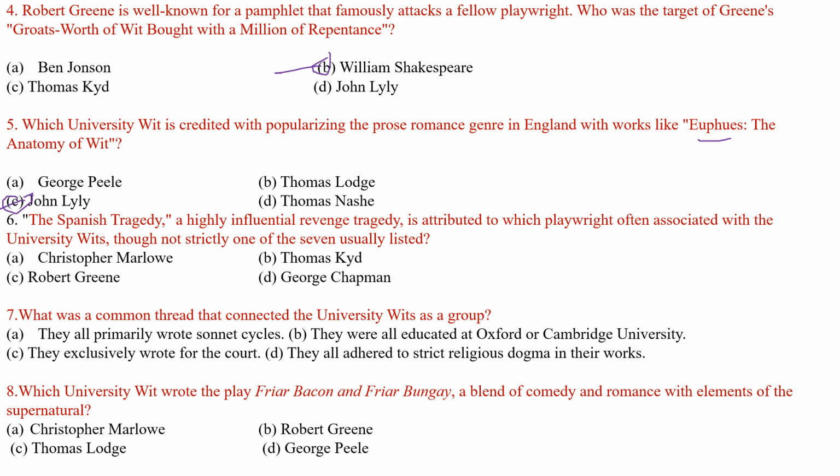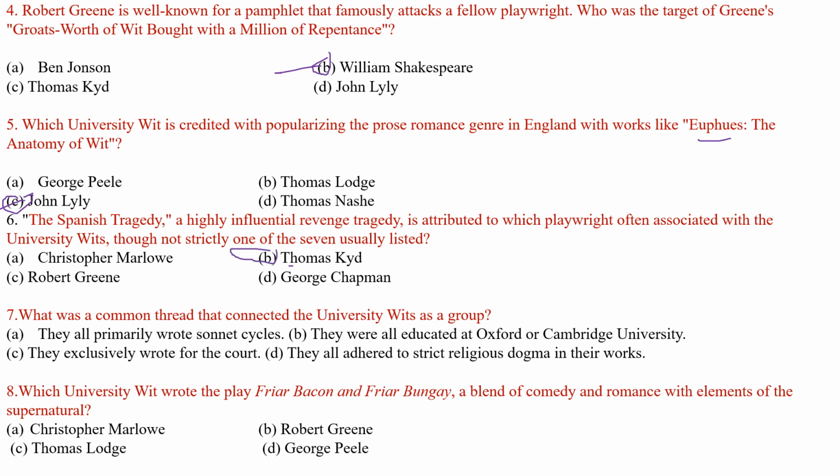So let's go to question 6. The Spanish Tragedy, a highly influential revenge tragedy, is attributed to which playwright, often associated with the University Wits, though not strictly one of the seven usually listed? So we know that Thomas Kidd is the correct answer.